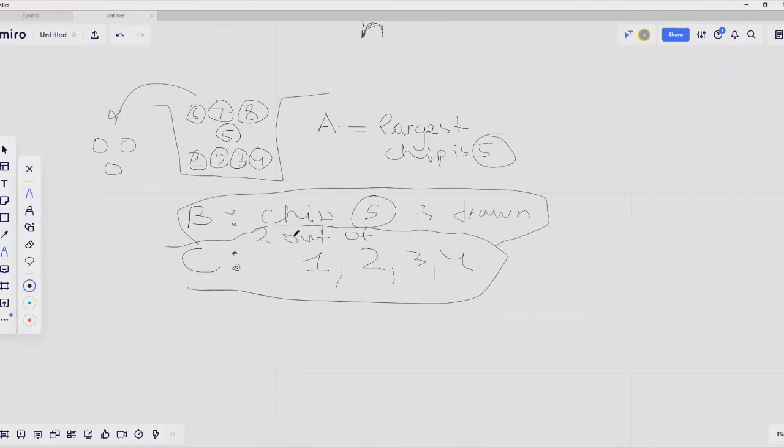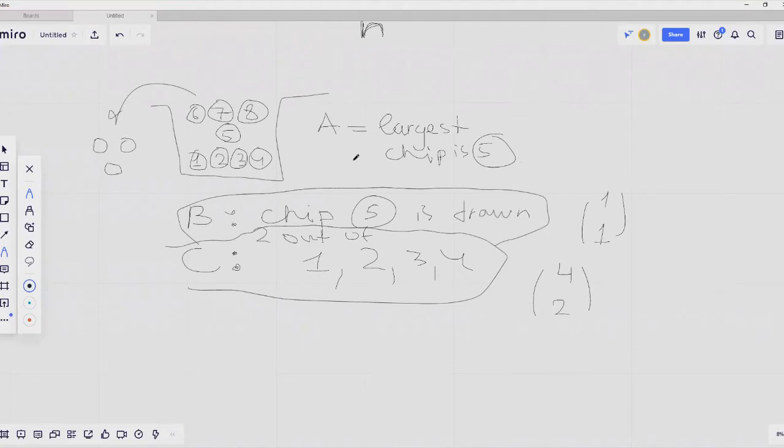The number of ways we can perform B is 1 choose 1, since there is only a single chip numbered 5 in our urn. The number of ways we can perform C is 4 choose 2, so we are choosing 2 chips out of these 4.